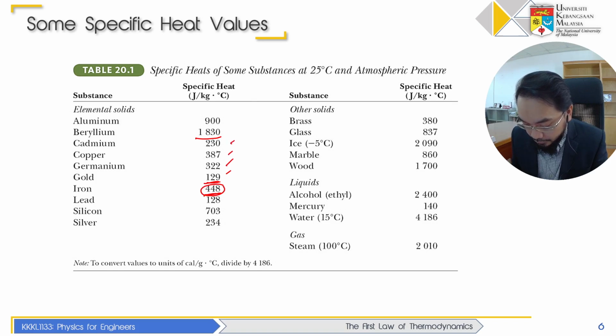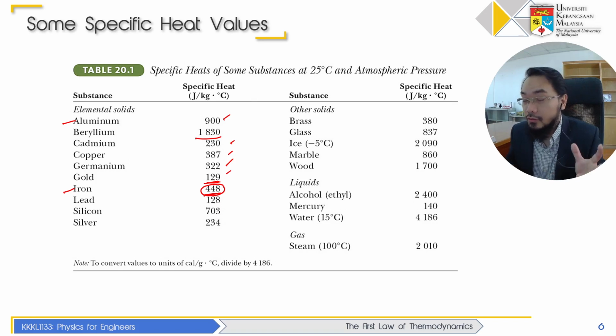The only thing that has more than iron is aluminium. That is why iron and aluminium are used a lot as your cooking pan or cooking wok. We don't use iron exactly.